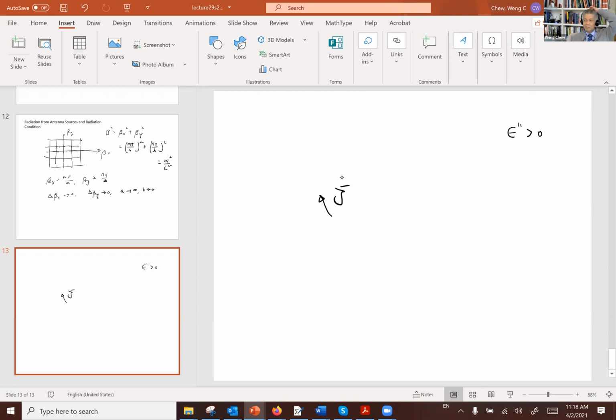uniqueness. This means that if you have a wave going to infinity, if this cavity is very, very large, and if it's an outgoing wave, by the time it reaches infinity, it will have become 0. And it will never have a chance to bounce back if you put in an infinitesimal amount of loss.